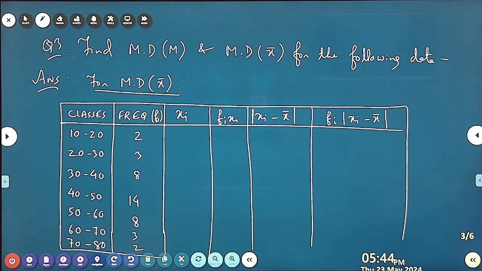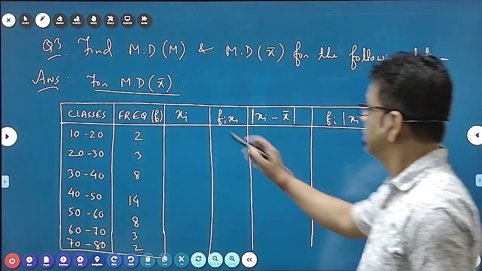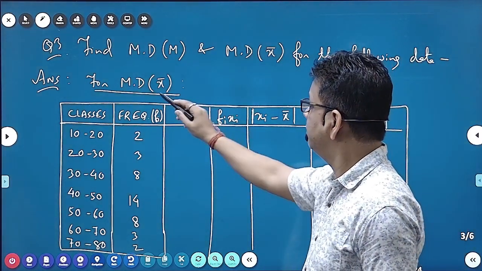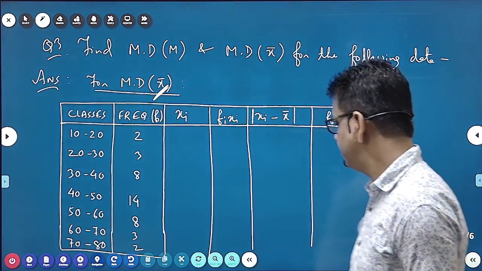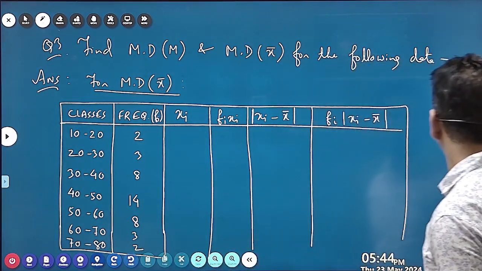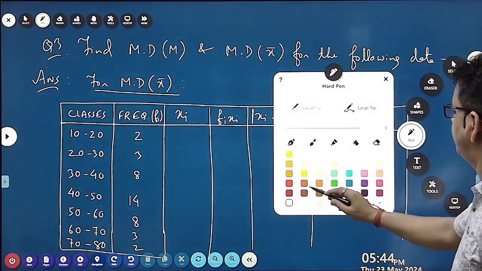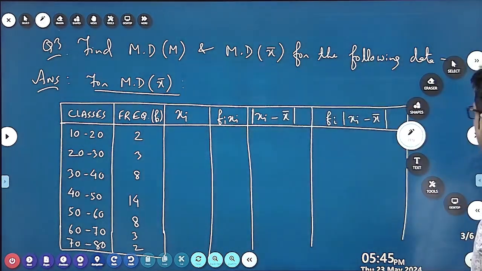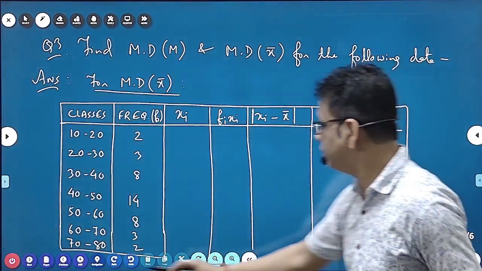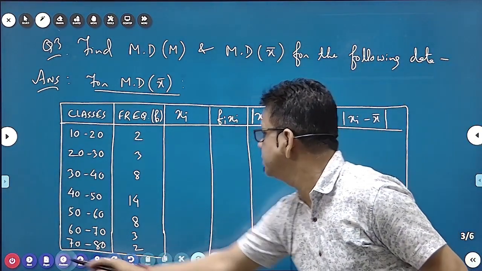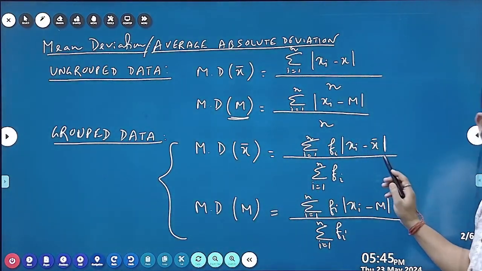Can I start? Okay. Now you see mean deviation about mean. Listen, just a minute. Mean deviation about mean means your mean must be ready beforehand. So that is why you will be finding the mean. Now to find the mean, look at the board carefully. Actually, if you look at the formula, it says fi into xi minus x bar.